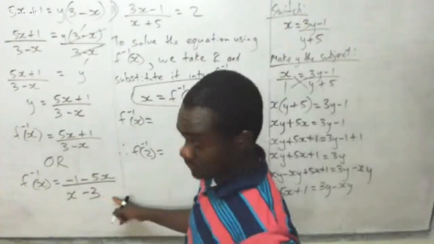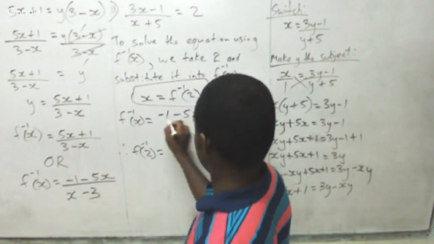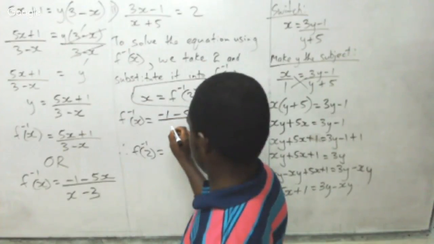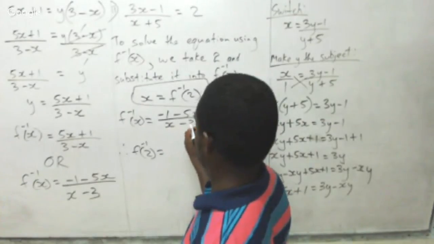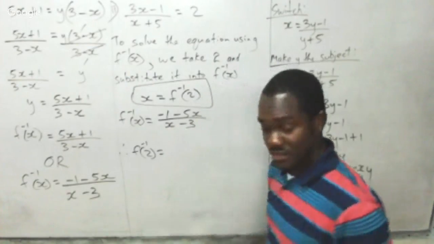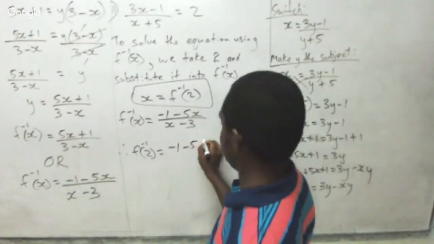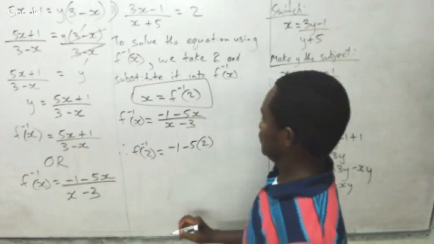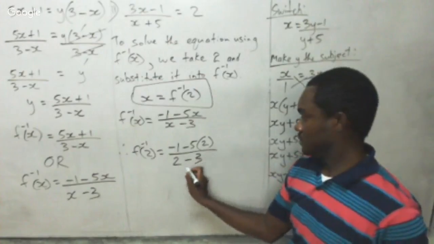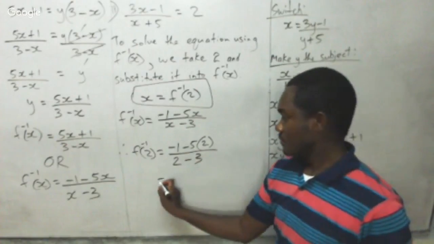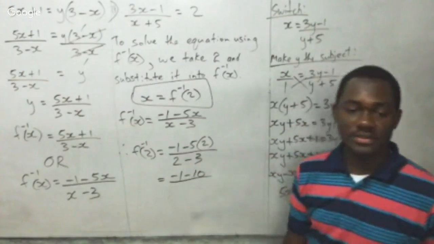All right, so this is what you want. So negative 1 minus 5 times 2. 2 minus 3, that 2 minus 3.